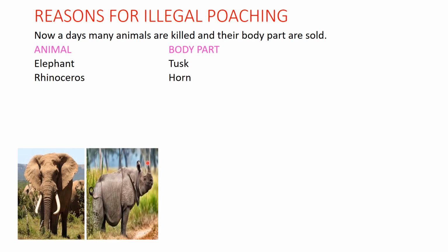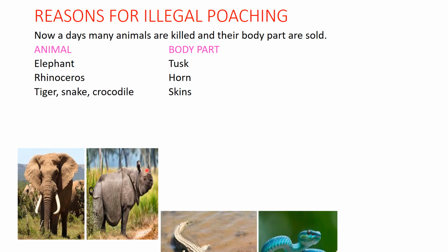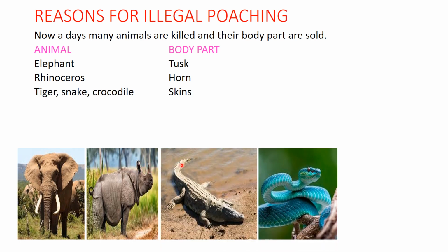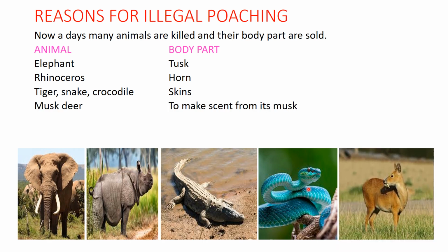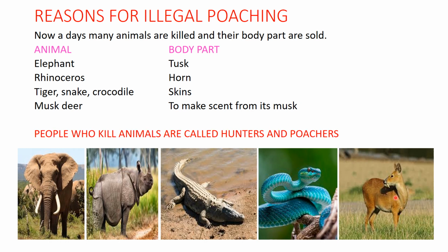Similarly, rhinoceros is killed for their horns. Snake, tiger and crocodile are killed for their skin. And musk deer is killed for the scent that is produced from their musk.